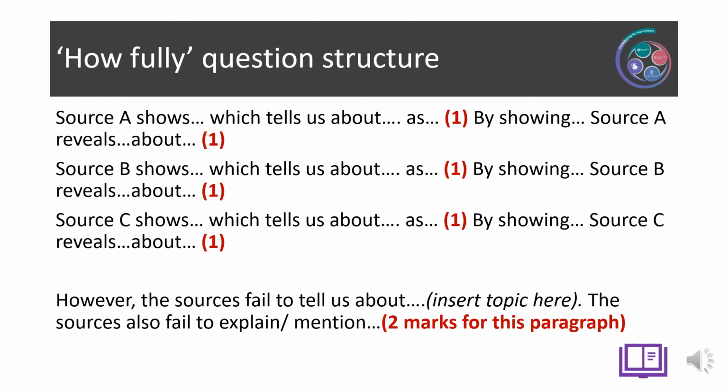Below you will see a how fully structure which you can use to answer this type of question. How fully questions will have 3 sources for you to use, and often you will be asked to use at least 2 of the sources.